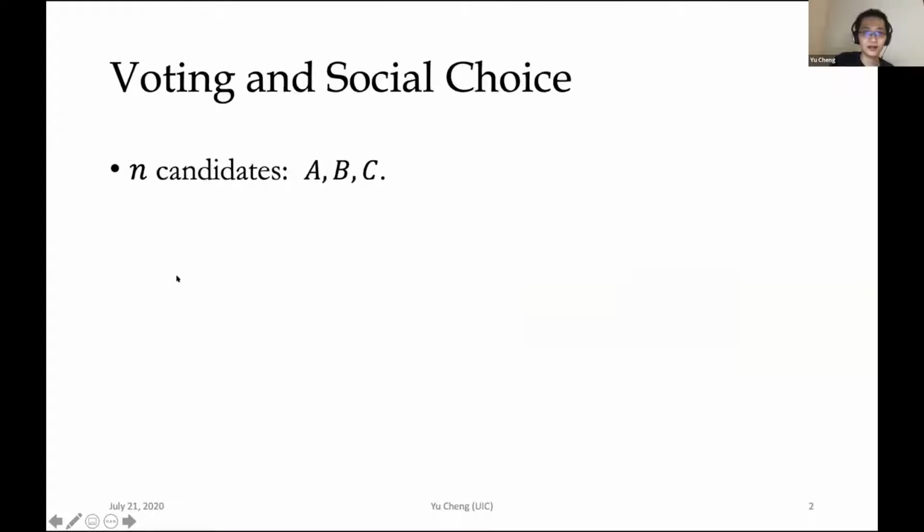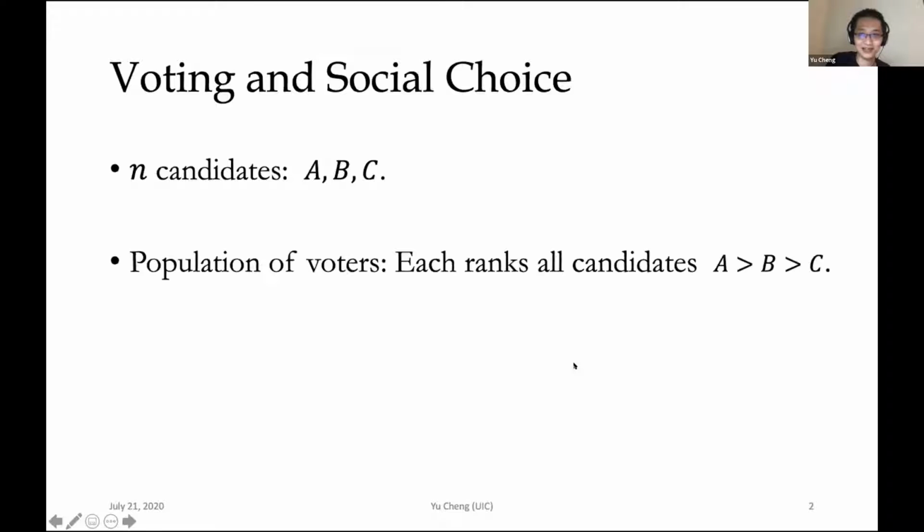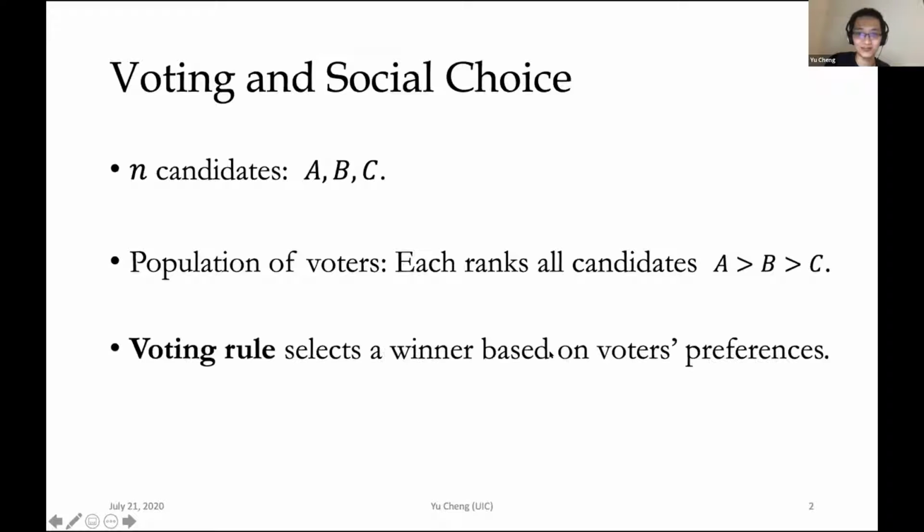Good. If you're here today, you're probably very familiar with this. We're going to study the problem of voting. You have some candidates, and then you solicit preferences, permutations, from each voter, and then some voting rule is going to decide a winner. Throughout this talk, we're going to focus on elections where there's a single winner.